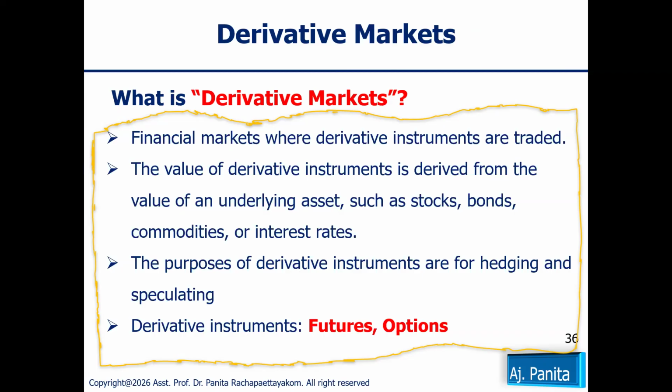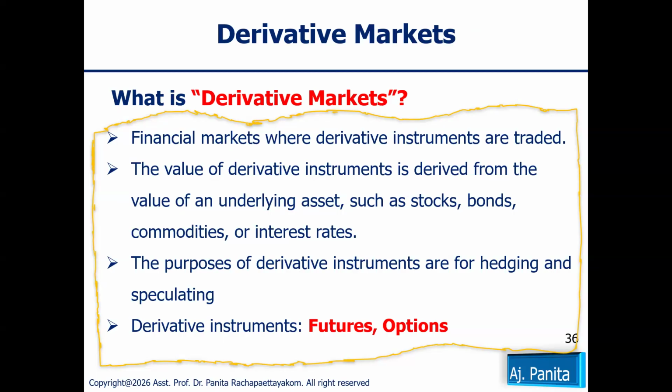What are examples of the underlying asset? Such as bonds, stocks, commodities, or interest rates. The purpose of derivative instruments is hedging and speculating.